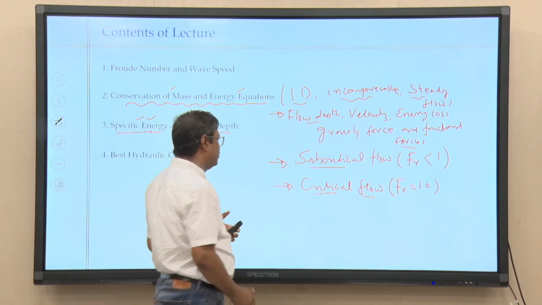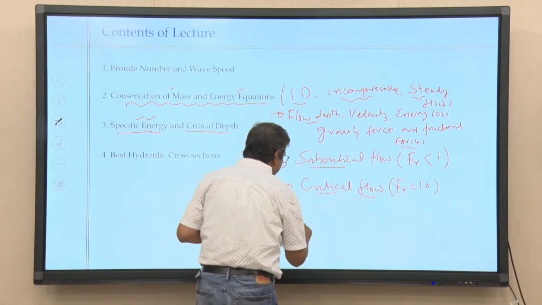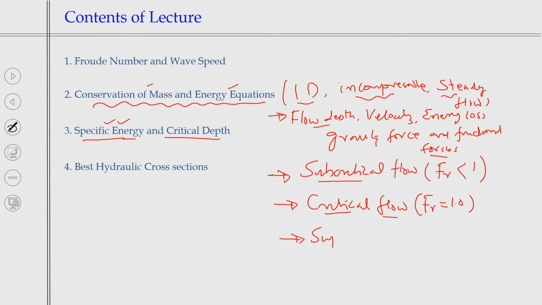Then we have supercritical flow, where the flow Froude number is greater than 1. This is a recap of what we discussed in the last 2 classes.